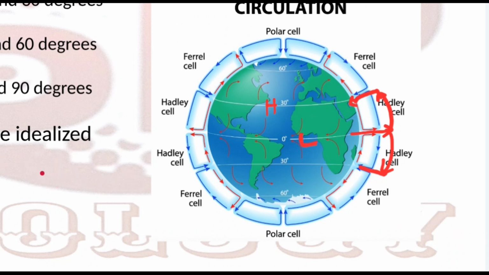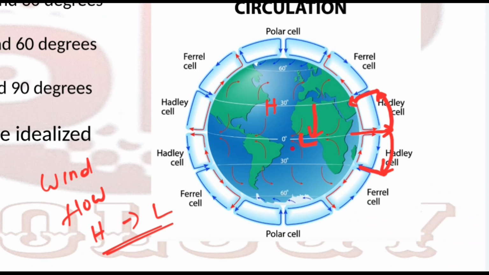Generally, wind always flows from high to low pressure. That means from 30 degree latitude the wind flows towards the equator. But because of the Coriolis effect, in the northern hemisphere it will deflect towards the right, and in the southern hemisphere towards the left.